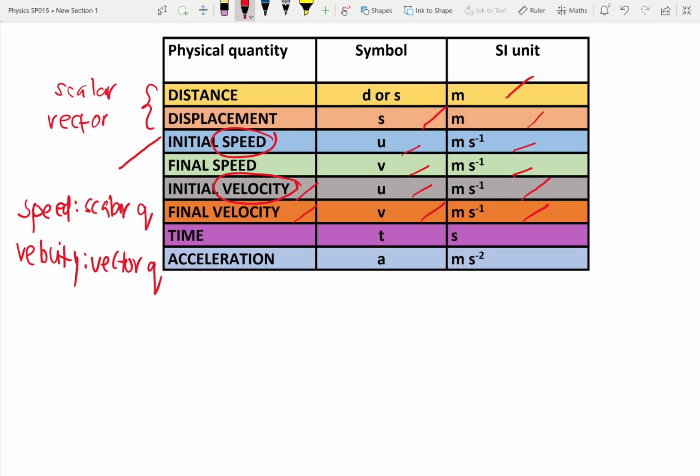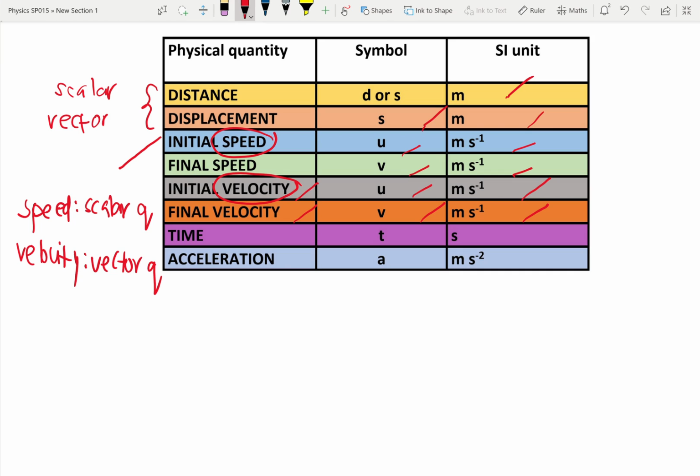The direction might be to the right or to the left or upward or downward. If the direction is to the right, it is positive, and if we move to the left, it is negative. If it moves upward, it is positive, and if it moves downward, it is negative.